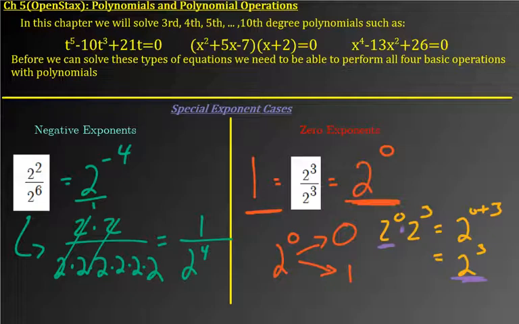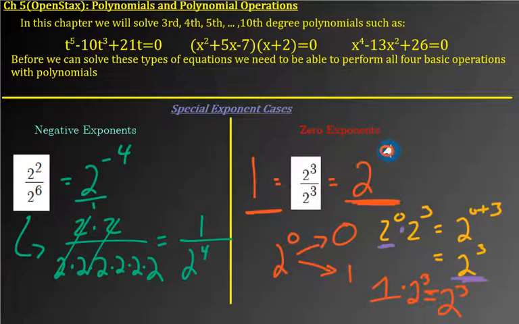And the only thing in the world that makes sense for that would be the number 1, right? The number 1 times 2 cubed equals 2 cubed. So it's just another way to think about why this thing really should be 1. It's not 0, it is 1, okay? You can see it this way, or you can see it that way, I guess.